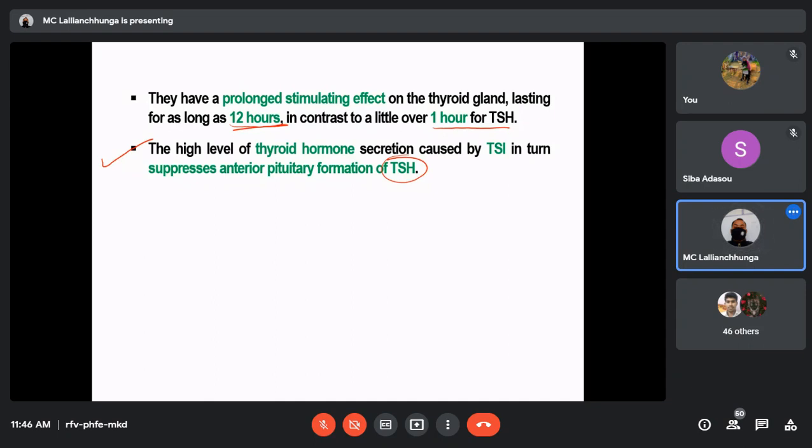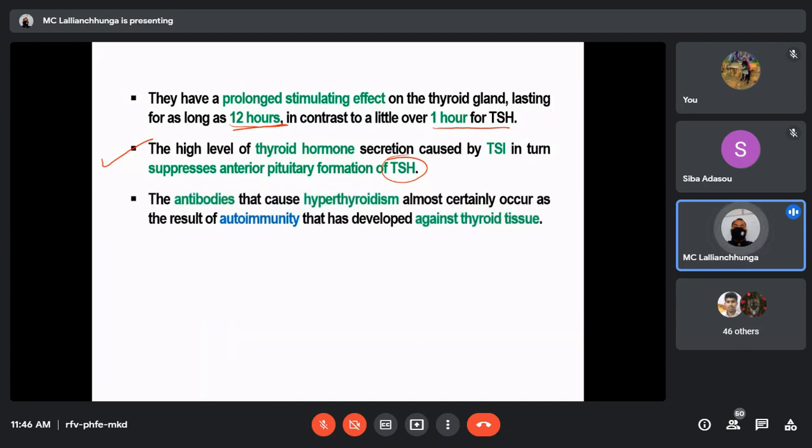The antibodies that cause hyperthyroidism almost certainly occur as a result of autoimmunity that has developed against thyroid tissue. Now, this point is very important. Why is TSI produced? TSI are immunoglobulins, or we can say antibodies. Immunoglobulins and antibodies are the same thing. This TSI is produced due to autoimmunity that has developed against thyroid tissue.